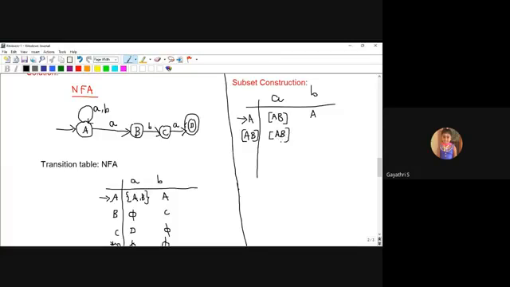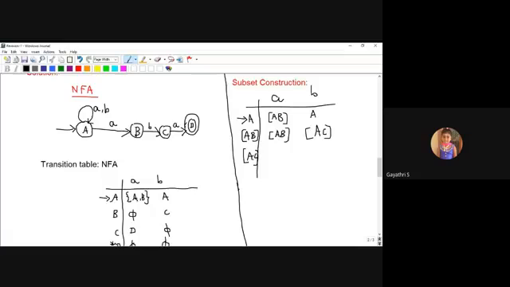Next, AB on B. So AB on B means A on B concatenated with B on B. Okay, so A on B is A, B on B is C. So AC, right? So AC, a new state is up here. Okay, so that new state is added on the left hand side, AC.